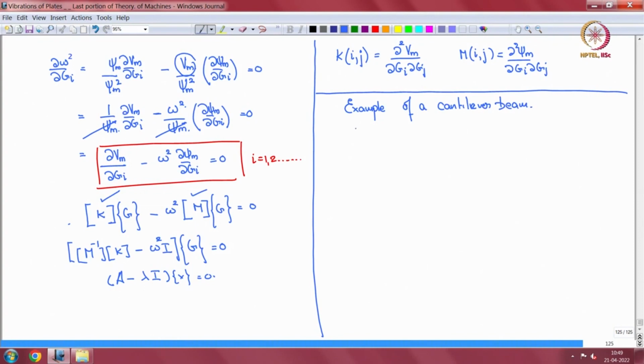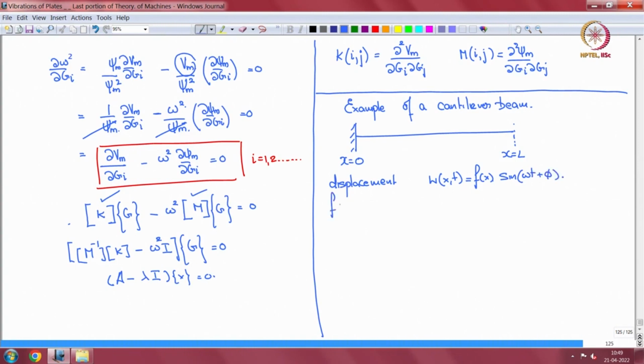So this is my cantilever beam, x equal to 0, x equal to L. The displacement in a mode shape under free conditions, W of x comma t, is the mode shape times the natural frequency, some omega t plus phi.